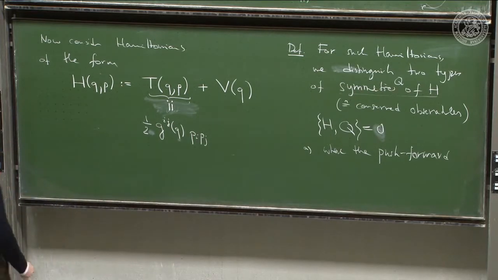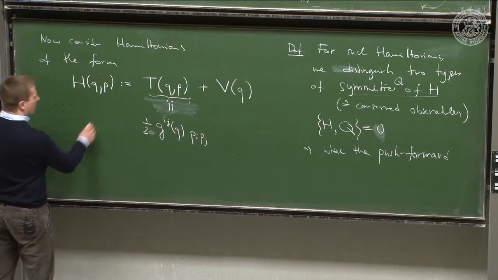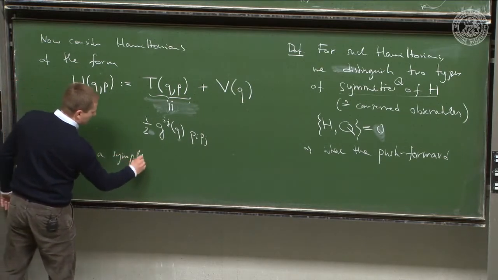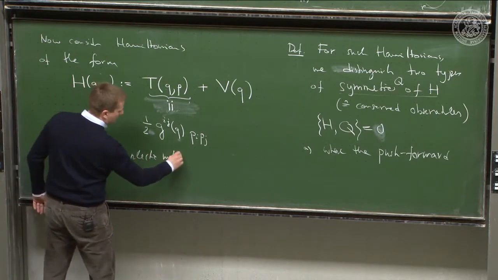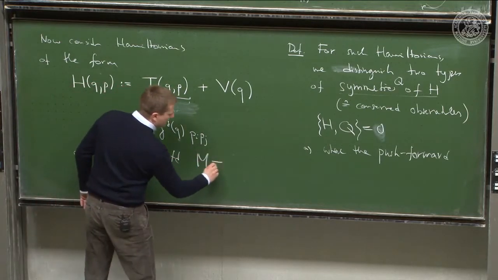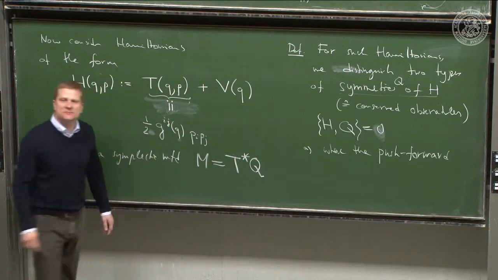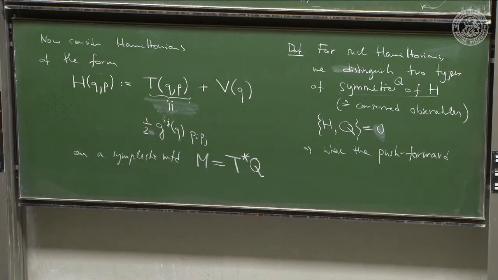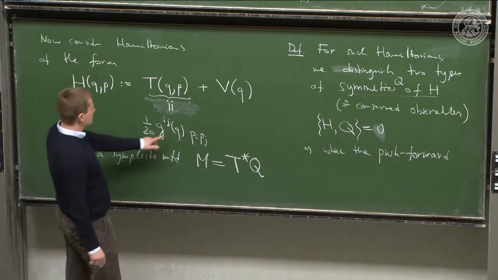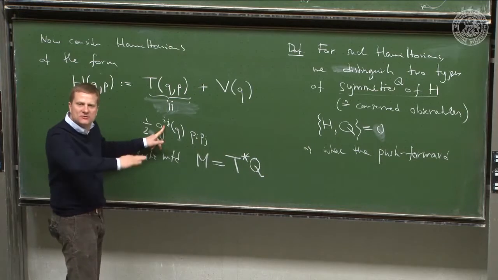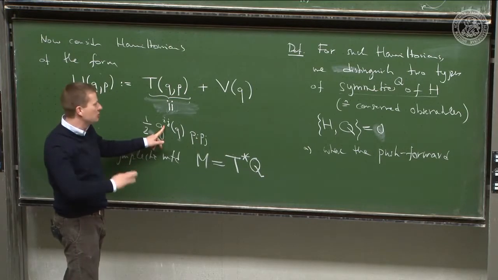We consider the form on a symplectic manifold which arises as the cotangent bundle of a base space. I was talking about this because I said here the G is a metric on the Q space, on a space of Qs.